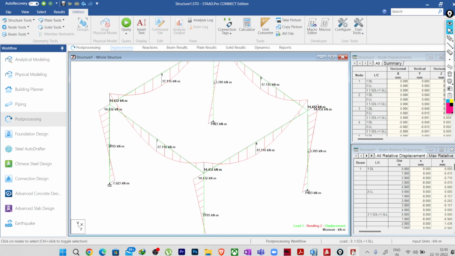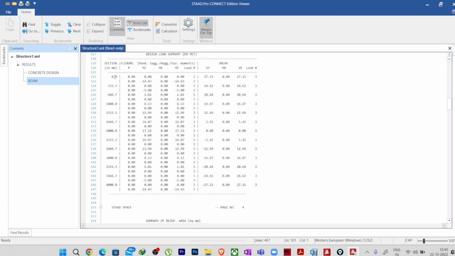So in STAAD, if you see, the same locations from 0 to 4000, that means 4 meters, and at every location it gives us the Mz value, that means our analysis moment. It also gives us the torsion, and you can see the torsion is 0 here.